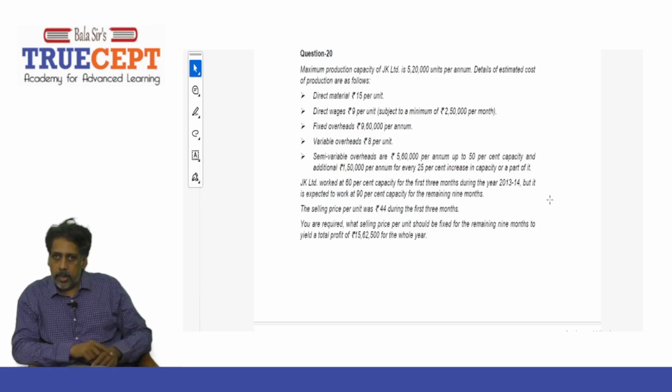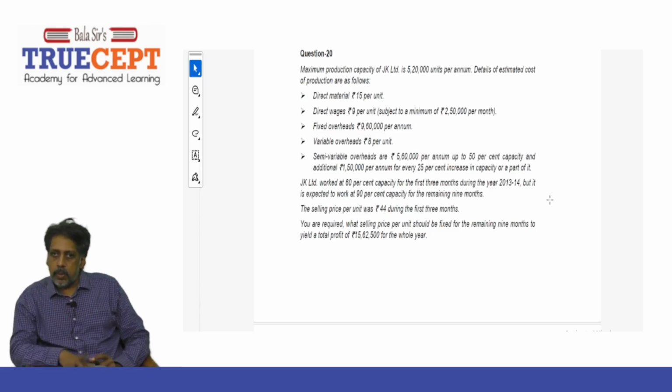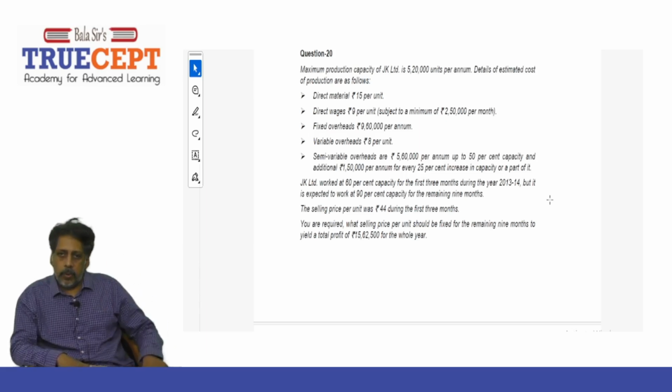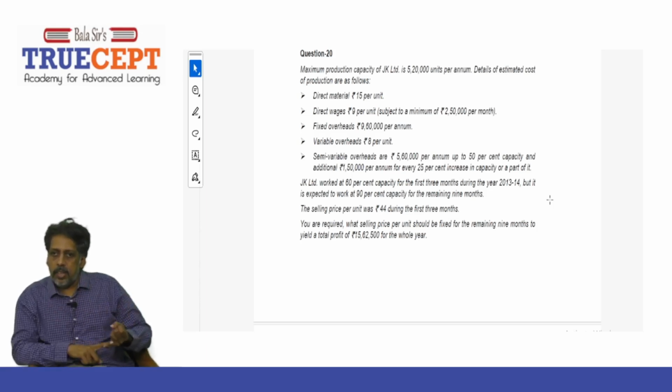Also, they have given something called the step cost. Even though you can say semi-variable, it is actually step cost. Up to 50% capacity, it is 5,60,000.